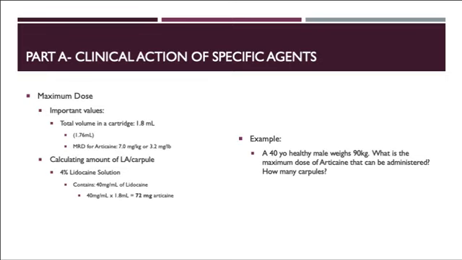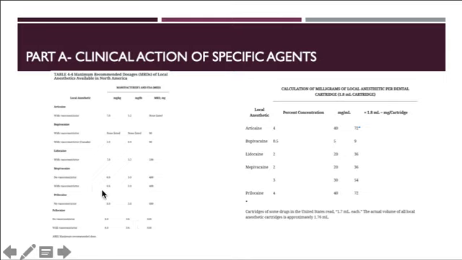But here we have a 40-year-old healthy male who weighs 90 kilograms. What's the maximum dose of articaine that can be administered, and how many carpules does that represent? So to calculate this patient's maximum dose of articaine, we take the weight, which is 90 kilograms, and multiply it by the maximum dose per weight as provided by the manufacturer, which, if we go back to this, for articaine, it's 7 because we're doing it in kilograms.